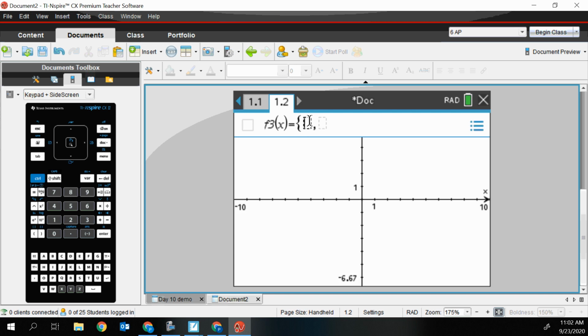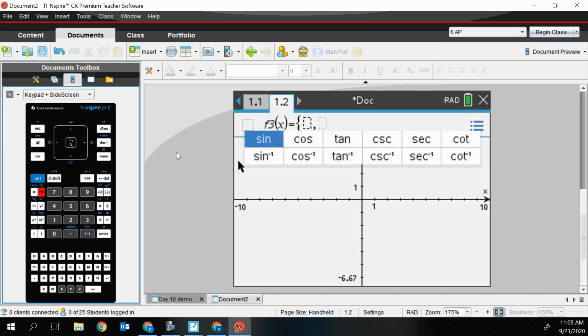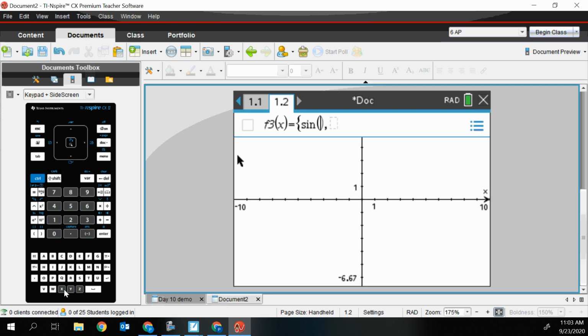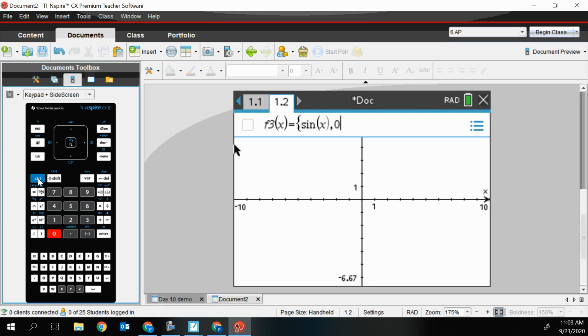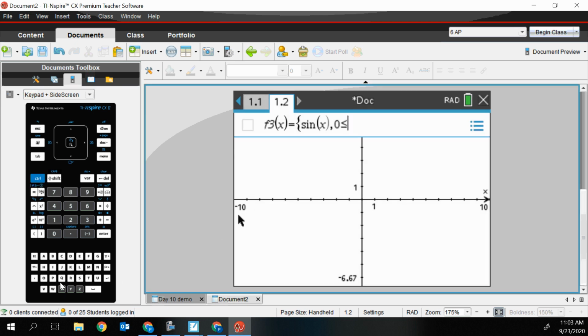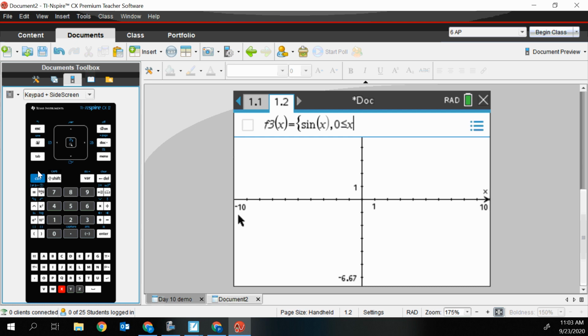So we're just going to have sine x and we're going to go from 0 to 2 pi, as you see on the top of the second page of the notes. So we'll go 0. Our inequalities, you got to do control and equals if you're unsure of that. And then we'll have our 2 pi.